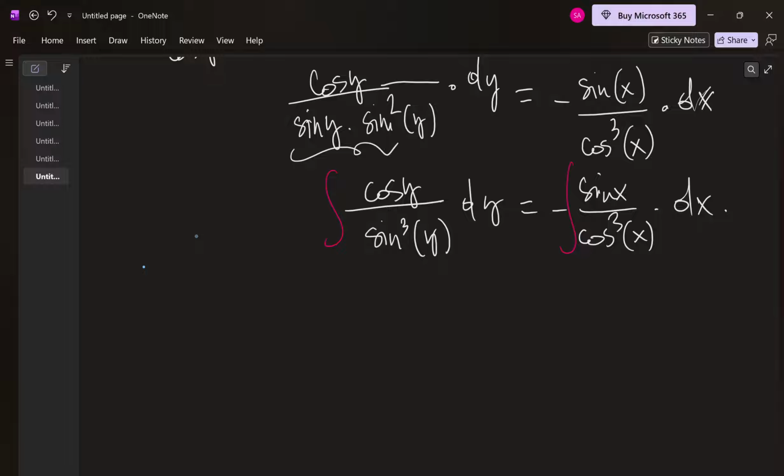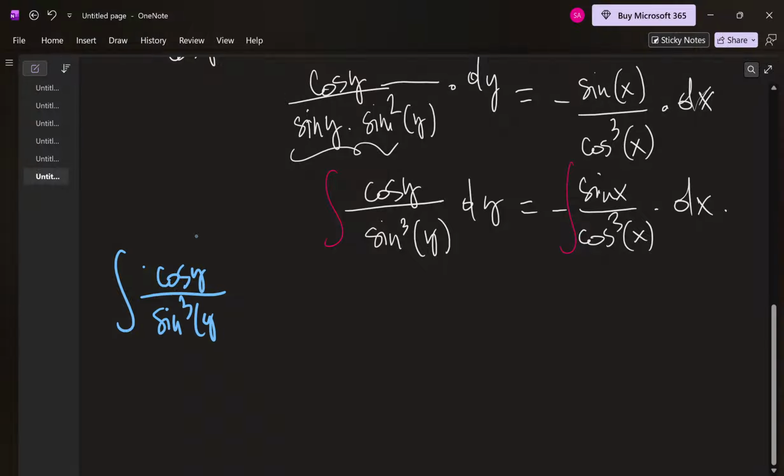So the first integral, the integral of cos y over sine cubed y dy. Notice that to do this, we have a change of variable.